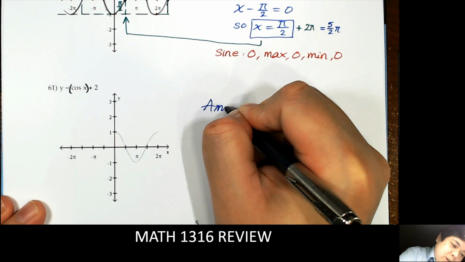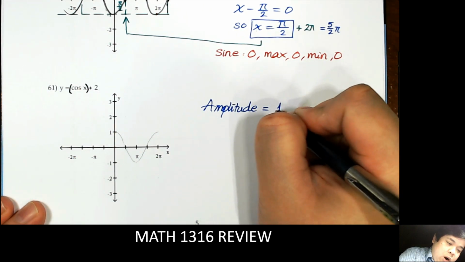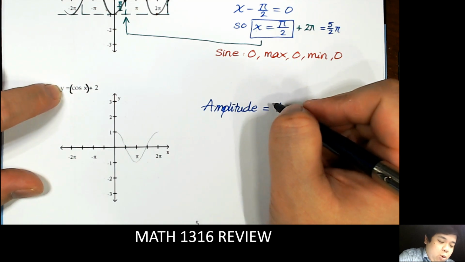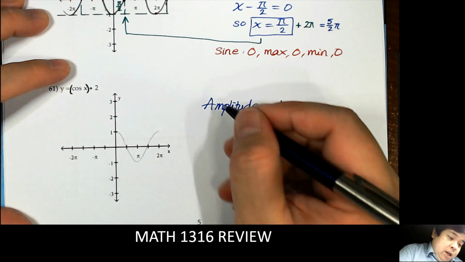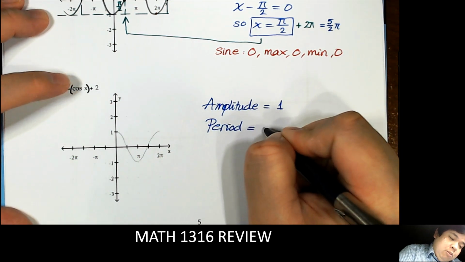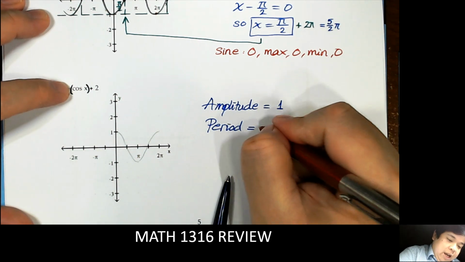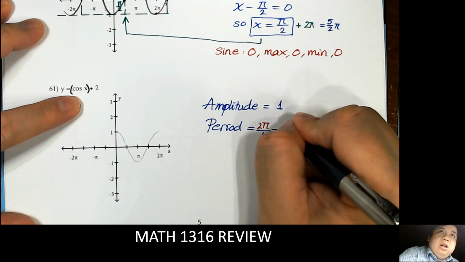So amplitude is 1. In front of the cosine, we don't have anything, so the coefficient is 1. Period by default is 2 pi, and divide by the coefficient of x, which is 1, so it's still 2 pi.